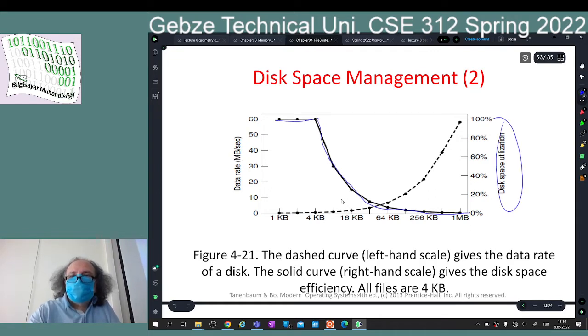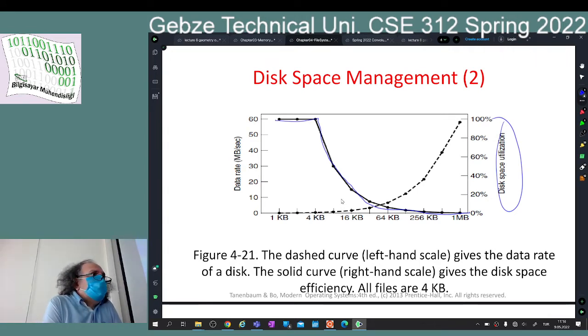So this is space utilization. In my file system, all the files are 4 kilobytes long. By the way, this is the block size.